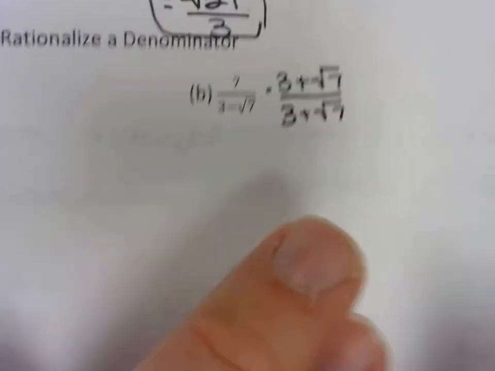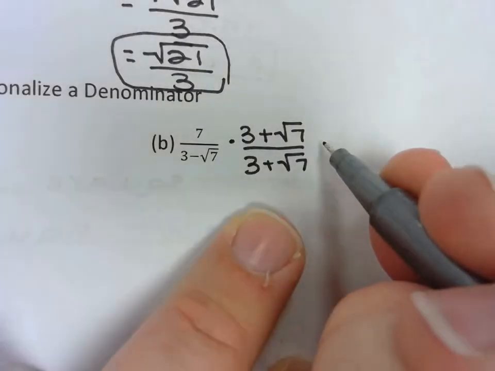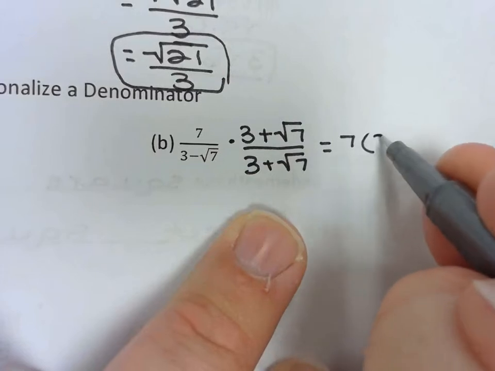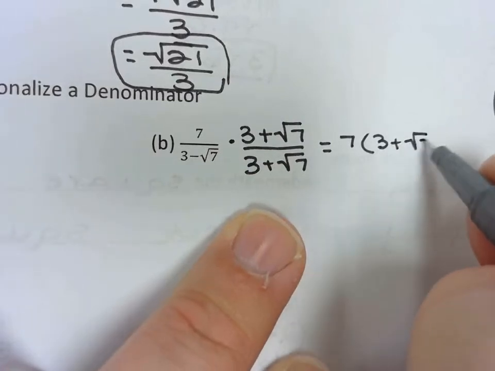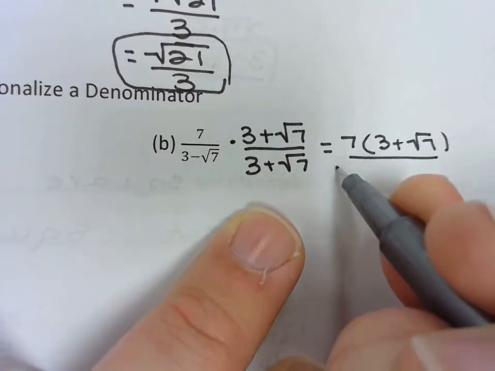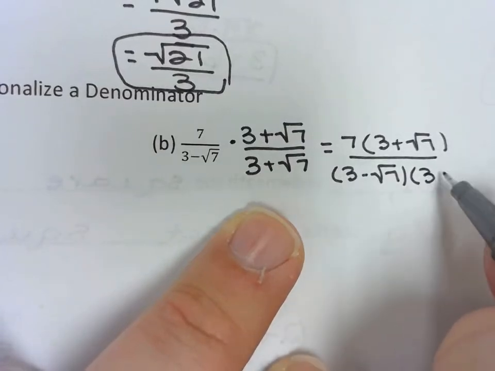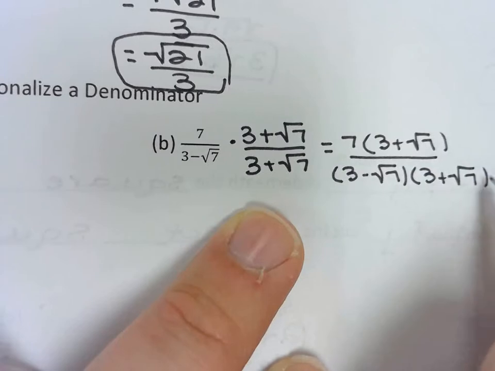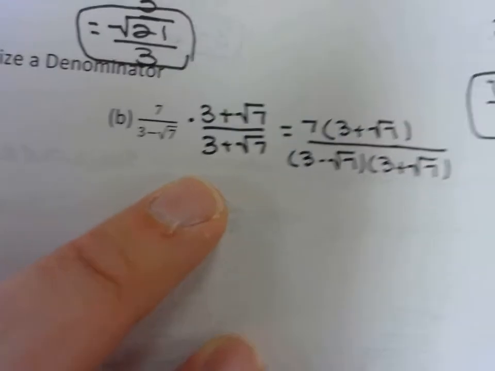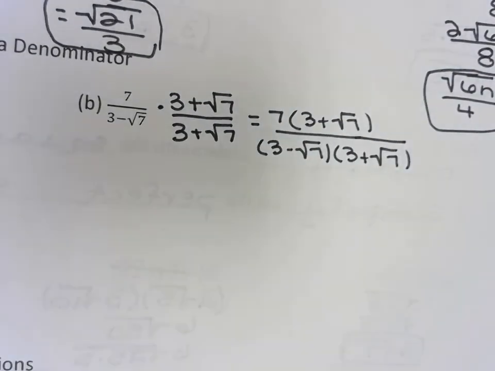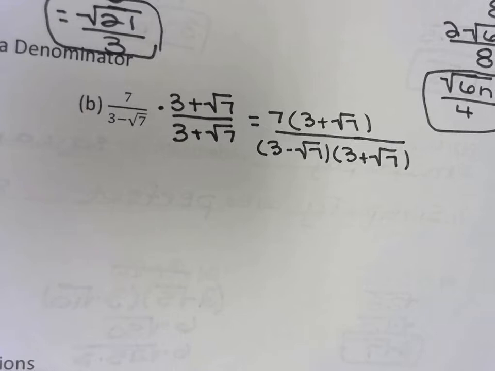Now, if you want to rewrite it like this, it might be easier to think about what we're doing. 7 times 3 plus square root of 7 over 3 minus square root of 7 times 3 plus square root of 7. So this is just rewriting it with parentheses. Now when I put parentheses, it is easier to see how we're going to do this.